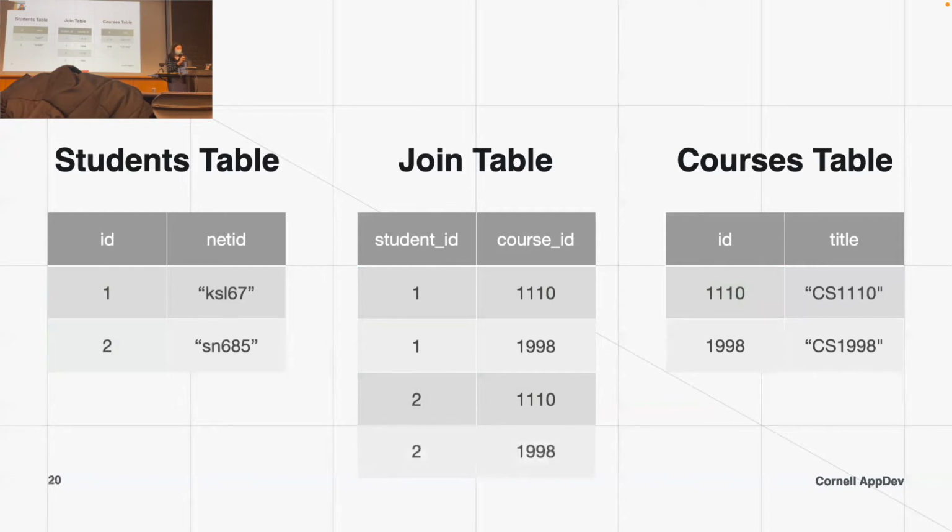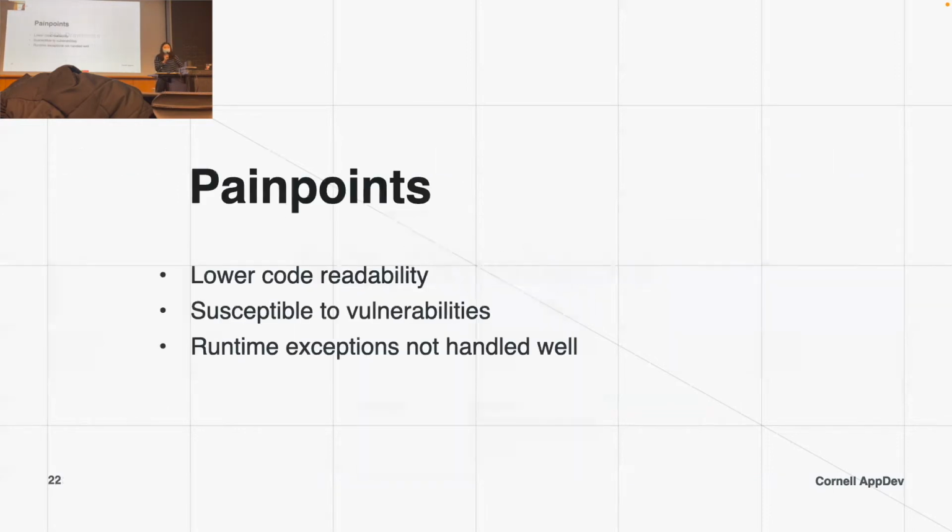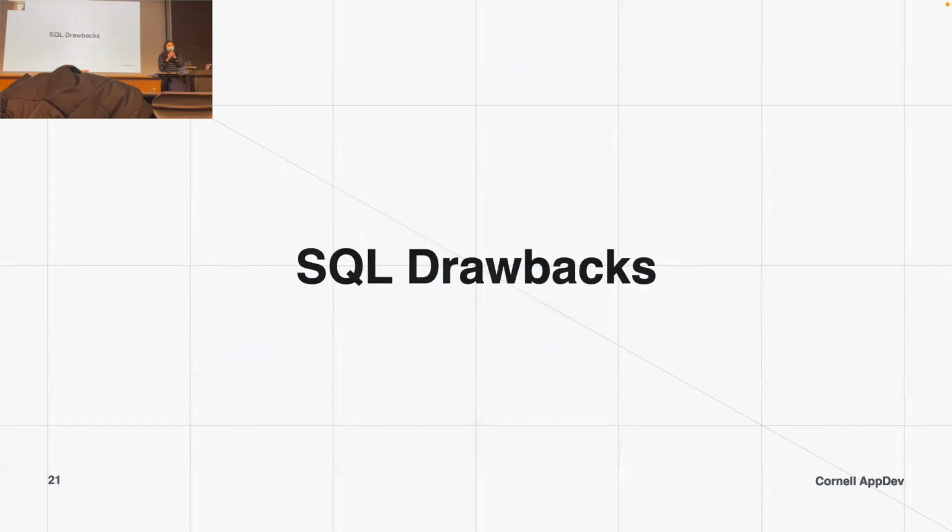And then if I had student 2 and I wanted to add another enrollment, so let's say SN 685 decided to join CS 1998, I would just add a row to the join table, and that's how a many-to-many relationship works. So next we're going to move on to why we don't want to use raw SQL.